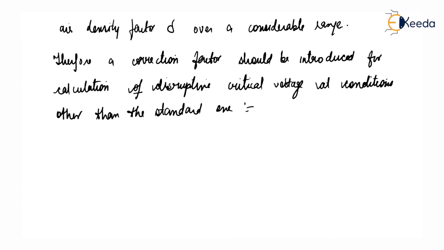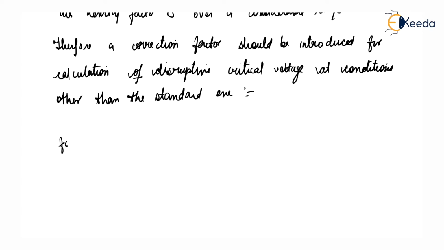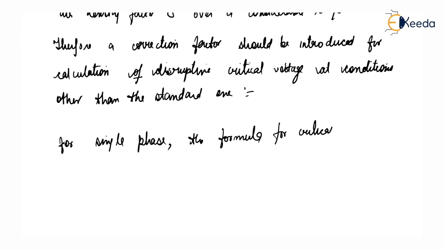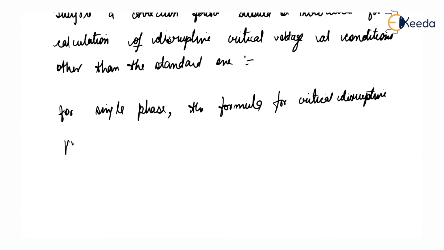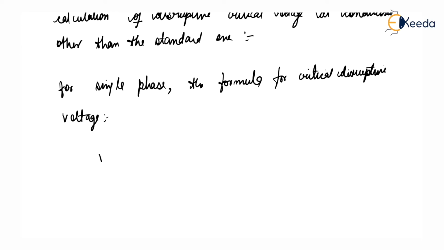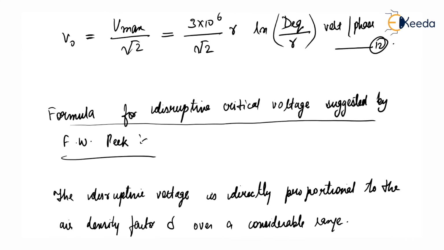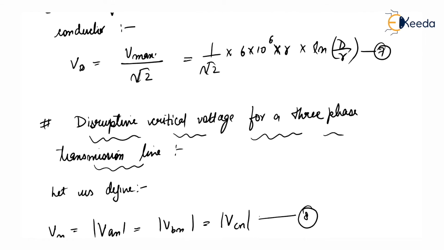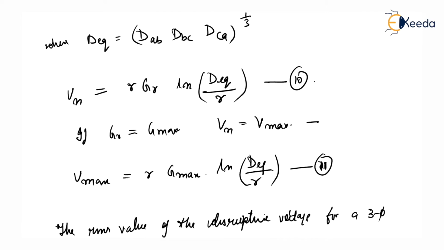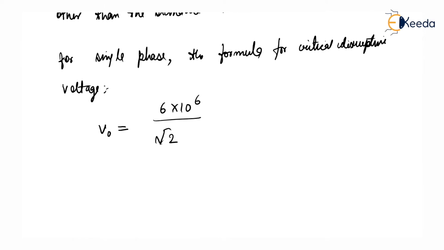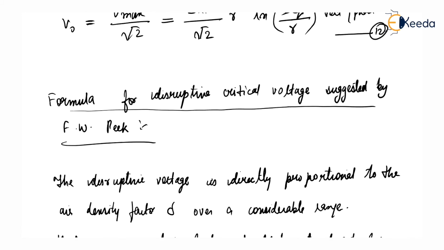So for a single phase line, the formula for critical disruptive voltage is V0 equals 6 into 10 to the power 6 by root 2 into R into delta log D by R. This is equation number 13.